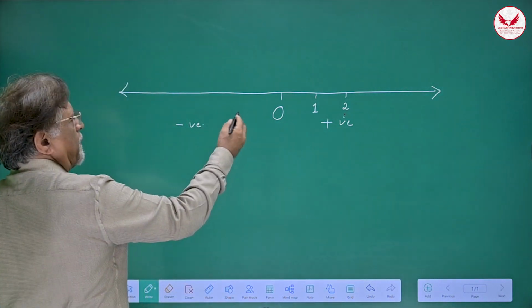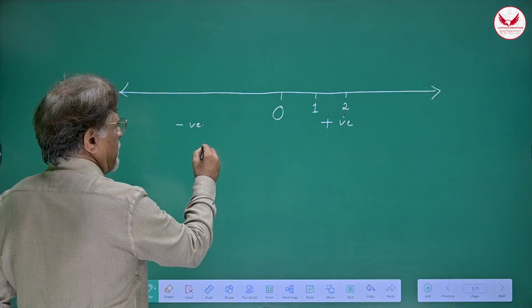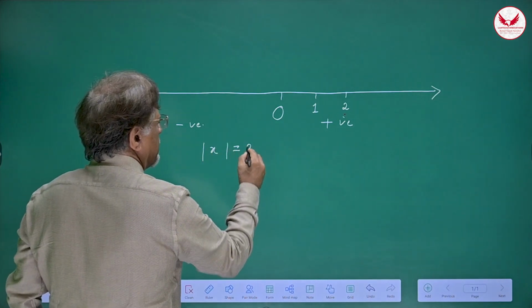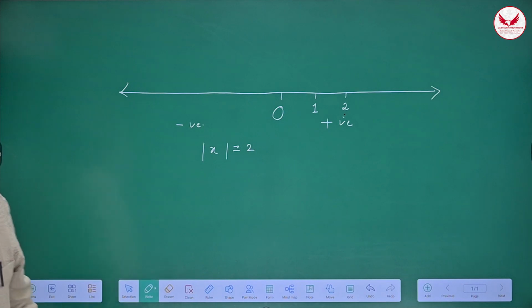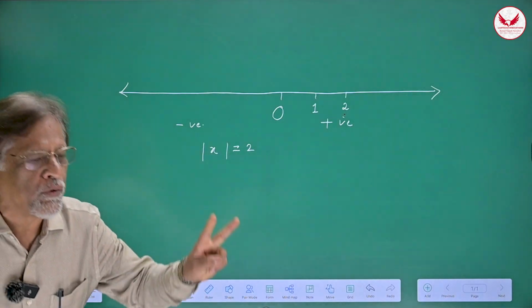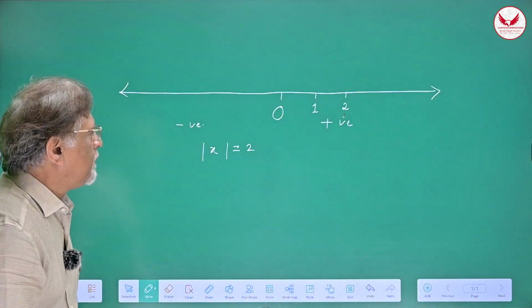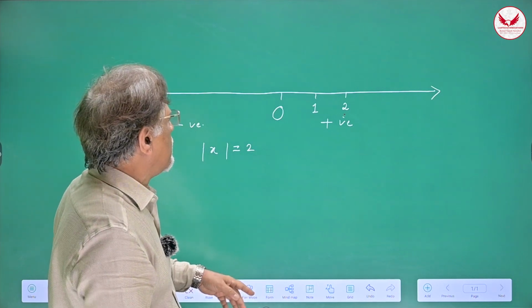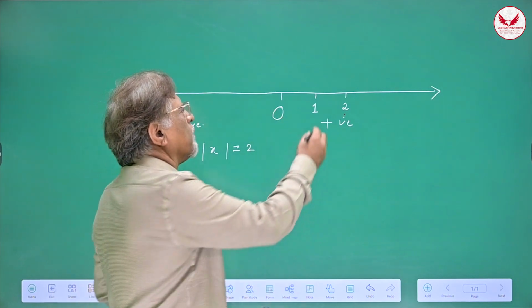Now, if mod of x is equal to 2, then how many numbers satisfy this criterion? Those numbers which are at a distance of 2 units from 0. Numbers which are at a distance of 2 units from 0 are on both sides.